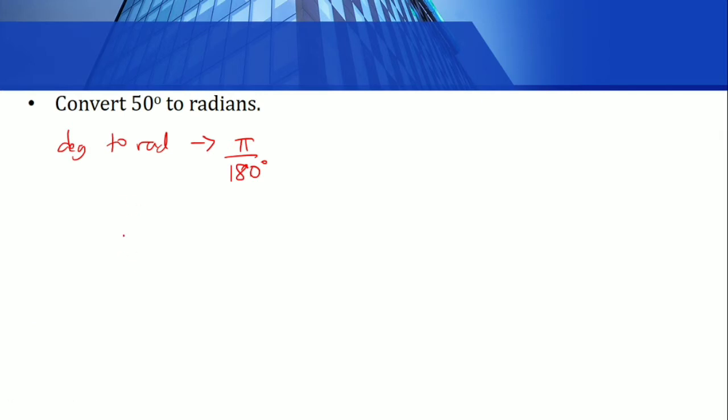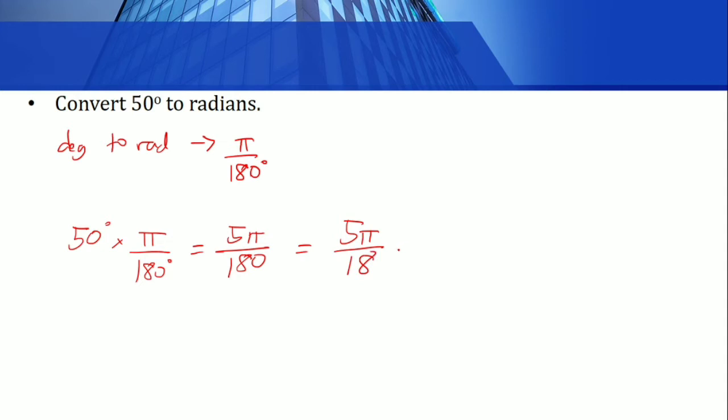So, 50 degrees multiplied by pi over 180 degrees. So, that is equal to 5 pi over 180, which is equivalent to 5 pi over 18. So, ito, naka-radians na. Ito, 5 pi over 18 radians.